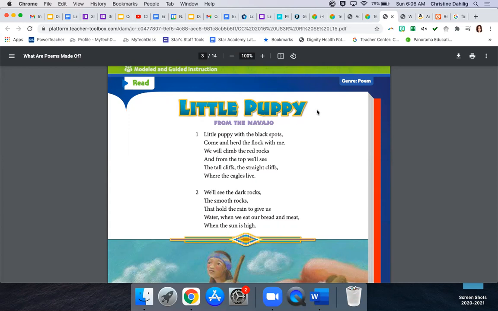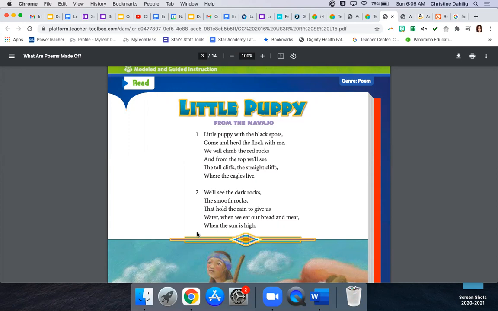So I'm going to be reading this poem to you as you follow along. Please notice that this poem has two stanzas or two poem paragraphs. Stanza 1 has 6 verses or lines, and stanza 2 has 5 verses or lines.